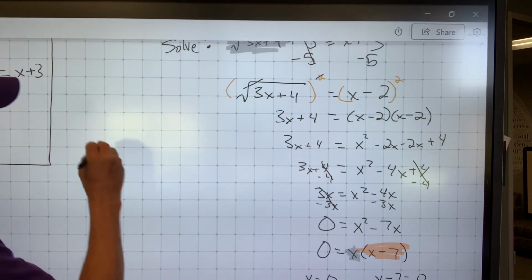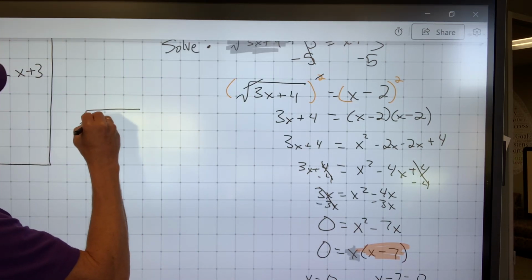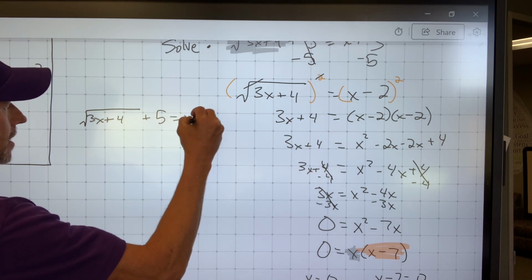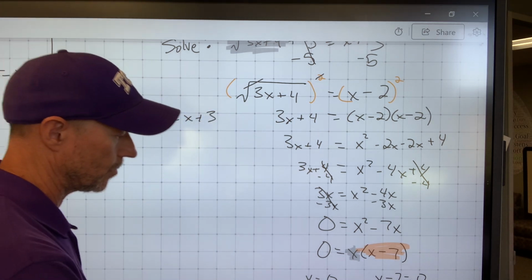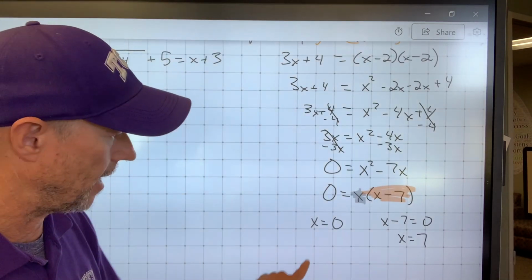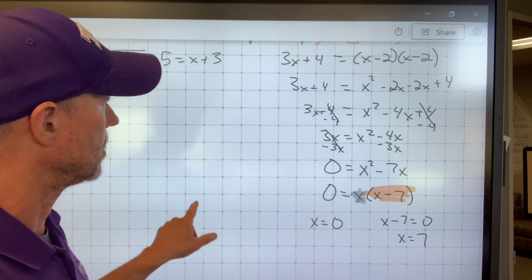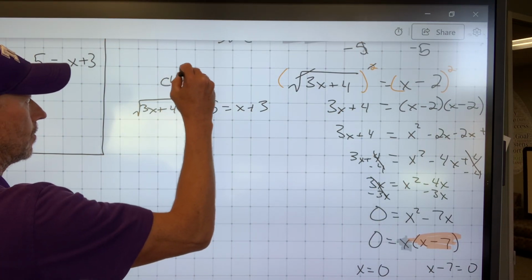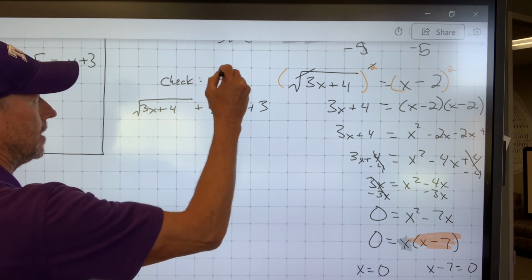Our equation was the square root of 3x plus 4 plus 5 is equal to x plus 3. One of the solutions we want to check is x equals 0. So I'm going to take that x equals 0, and we're going to check it.